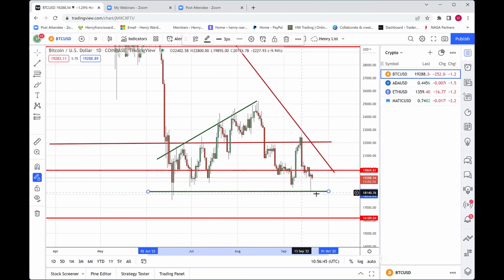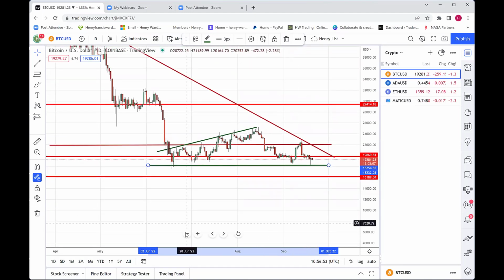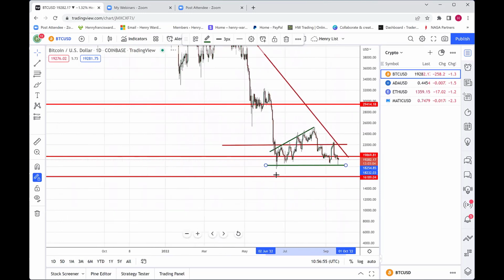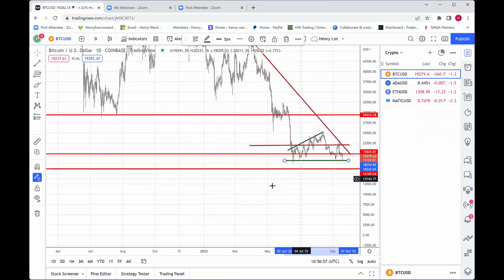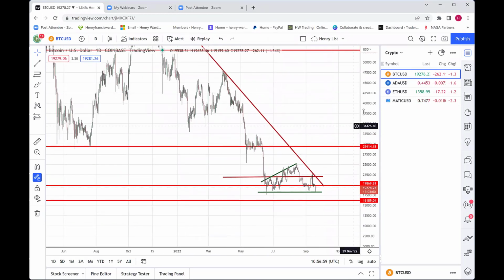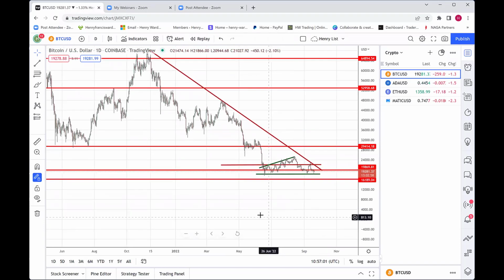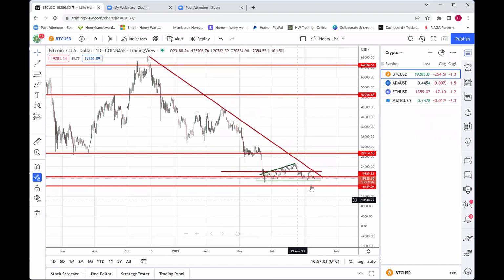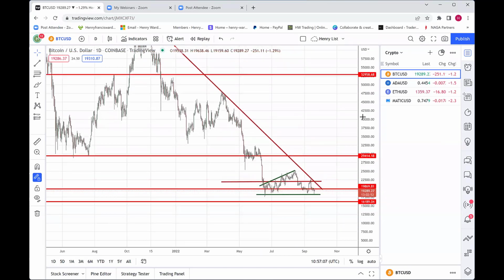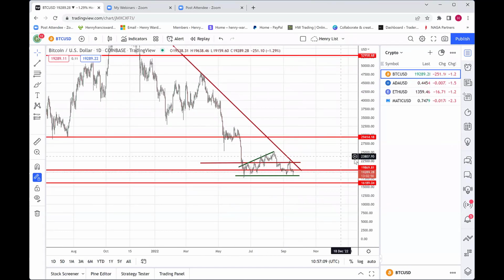So we got back down to that level, the 18,000, and we had a little rejection on it. But again, I don't see any reason for this to pop to the upside. I fully expect this to break to the downside. So anyone who is outside of the UK and can short this, I fully expect this to break out to the downside till it gets to a level where everyone is happy to start investing in this again.